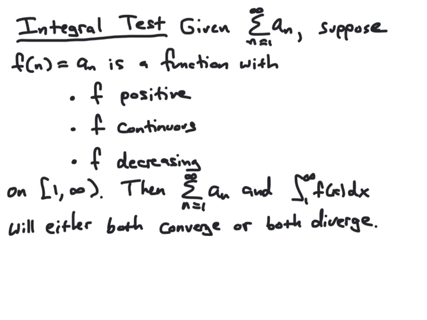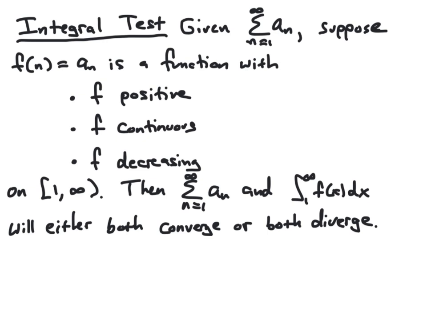Either both of those series and integral will converge, or both of them will diverge. As stated previously, if the associated function to our series has an improper integral that can be easily computed, this test is very nice because we can determine whether the series converges or diverges by simply computing an improper integral.